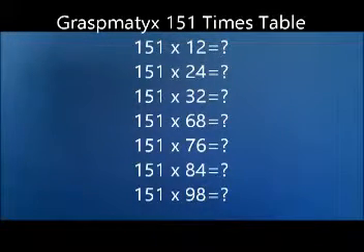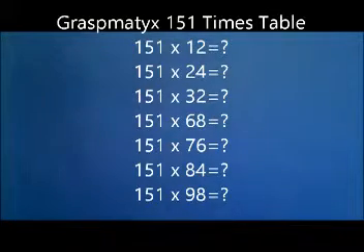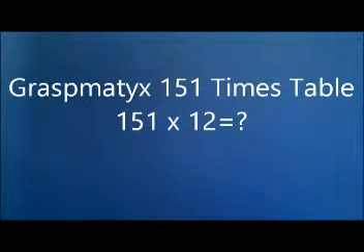Let's look at 151 times 12. Here's how you do that in the Graspmatyx program. First, the number 1, which is to the immediate right of the 5, we will take that 1 and multiply it by 12.